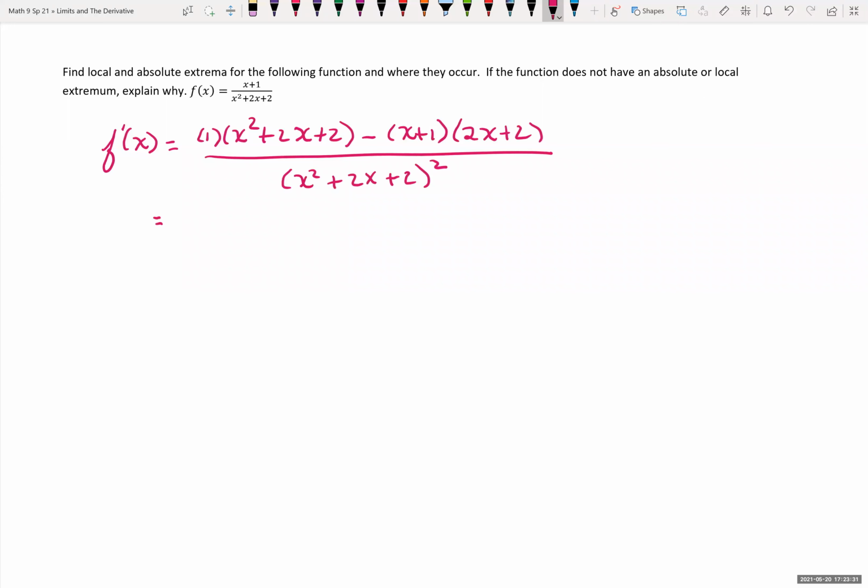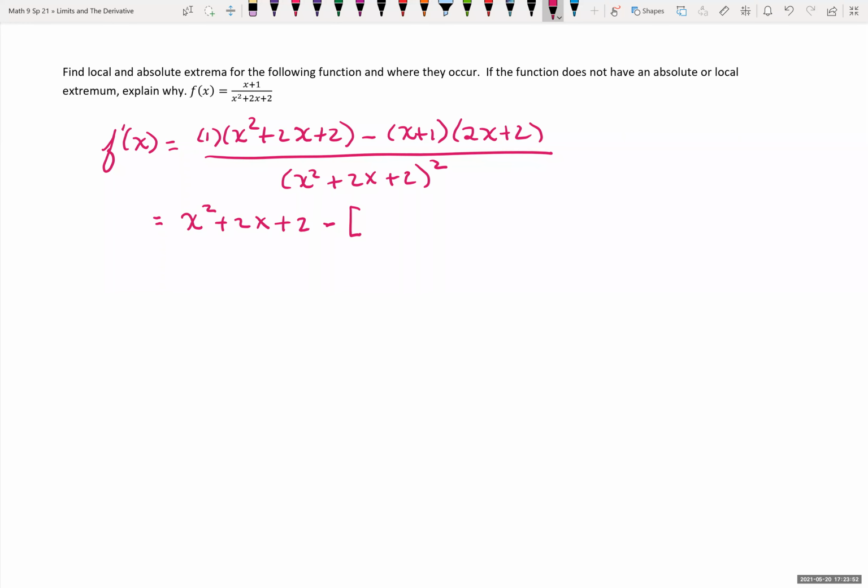So let's distribute and combine like terms in our numerator. That first piece, distributing the 1, just gives us x squared plus 2x plus 2. Minus, I'm going to put brackets here because we have to distribute the negative.